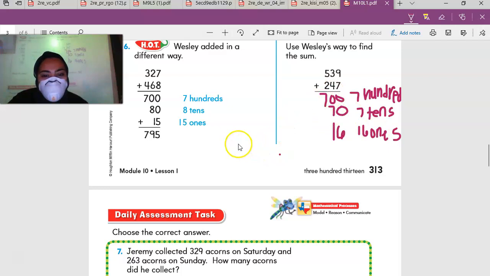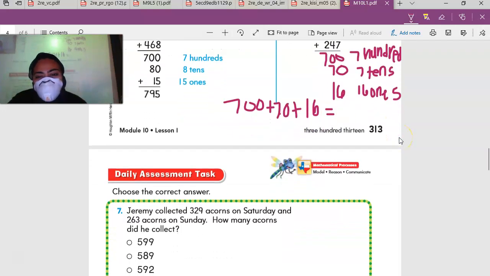Now we're going to write it in expanded form. It's easier to see that way. 700 plus 70 plus 16 equals your answer. Well, hold on. Let's see if there's a 10 here.